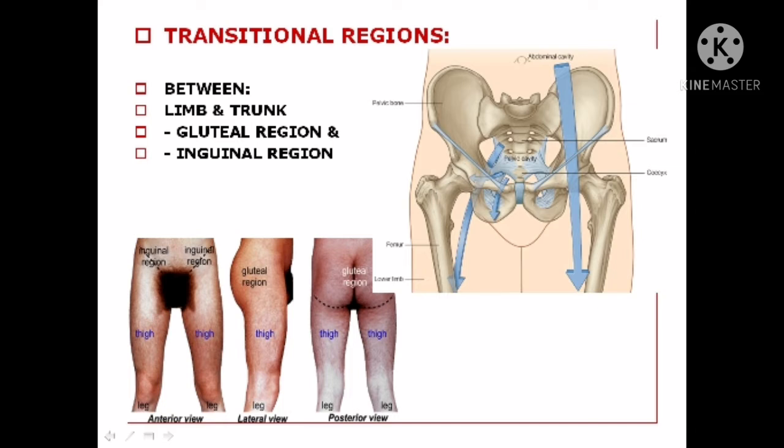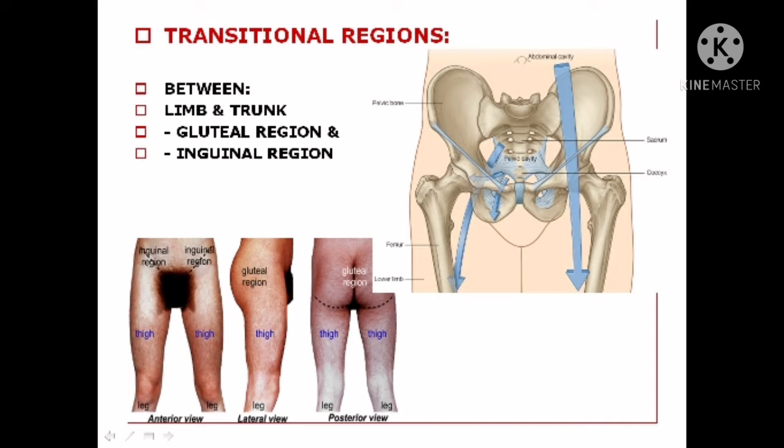The transitional regions are between the limb and the trunk, the trunk in the front and on the back. In the front, in the inguinal region, the structures from the abdomen are passed, as is shown in the diagram by means of a big arrow, and in the lower diagram, the inguinal region has been shown.